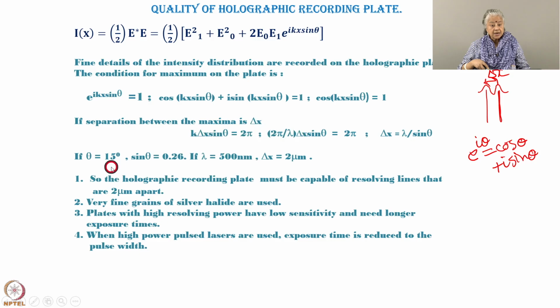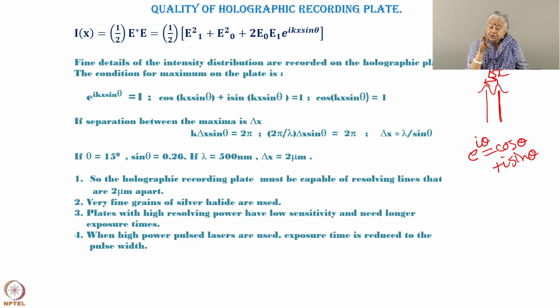So, theta is equal to 15 degrees, just suppose. Then sin theta is equal to 0.26. Suppose I take lambda equal to 500 nanometer, somewhere close to green light. Then what is your delta x? You just put in all the values, and delta x turns out to be 2 micrometer.